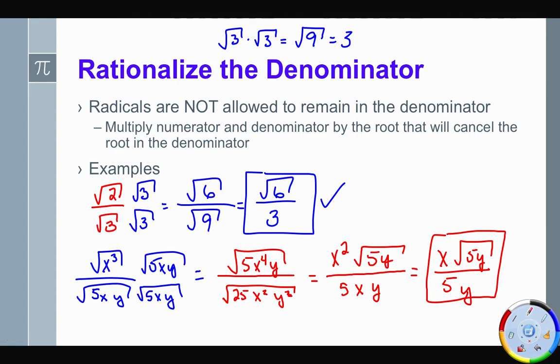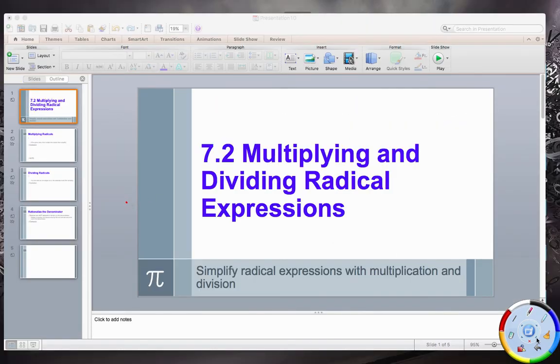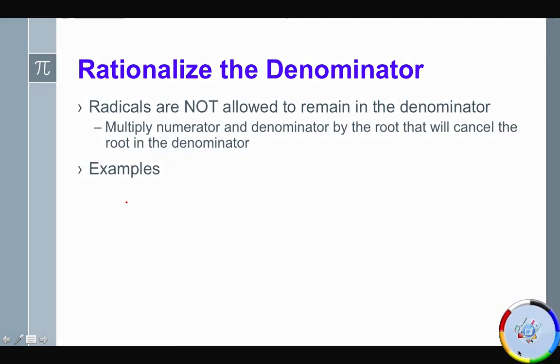There are many different types of problems that we're going to come across on this type of work. The last one that I want to do here is one that involves a cube root. So if we did the cube root of 2 over the cube root of 3x, here's what you have to understand.